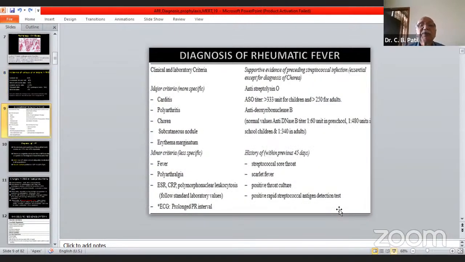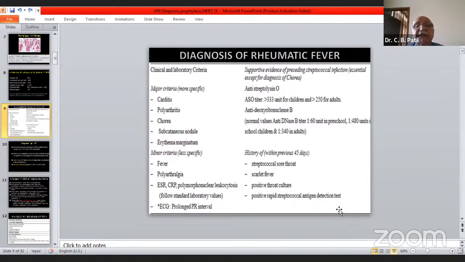The diagnosis of rheumatic fever is done by the Jones criteria. There are major criteria, which are very specific: carditis, polyarthritis, chorea, subcutaneous nodule, and erythema marginatum. Minor criteria are less specific: fever, polyarthralgia, raised ESR, C-reactive protein, leukocytosis, and on ECG there may be a prolonged PR interval.